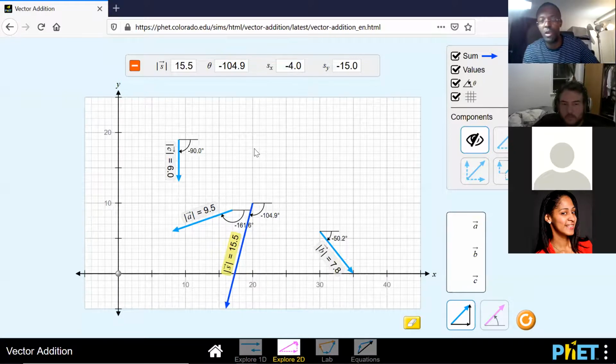The Y components now. A, I have -3. B, I have -6. -3 plus -6, that's -9. -9, and C, I have -6. So now I should have -15 for the sum. If I click on it for the Y component, I find indeed -15.